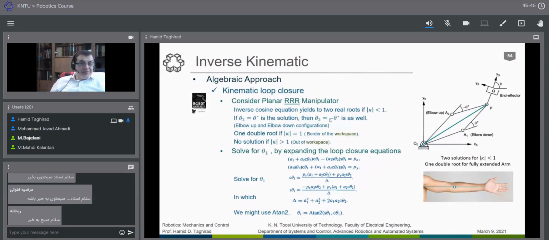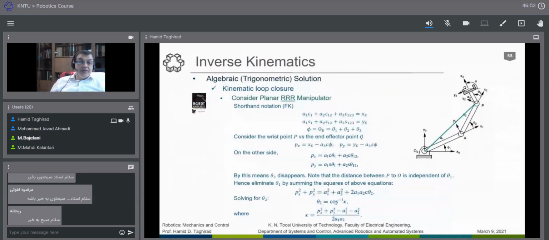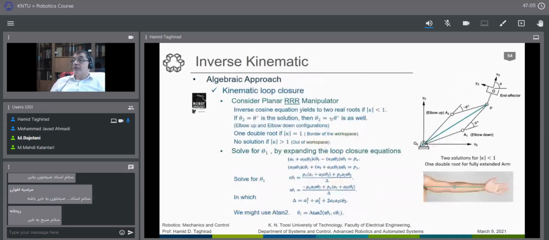If 30 degrees is a solution, minus 30 degrees is also a solution of the inverse cosine of kappa. And this is because this is a nonlinear or trigonometric parameter. It's not a linear parameter that has one solution. It has two solutions if kappa is smaller than 1.